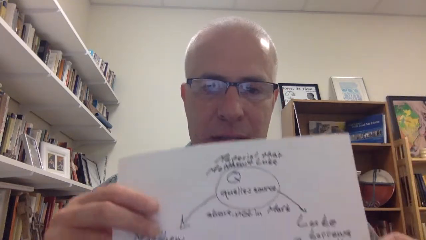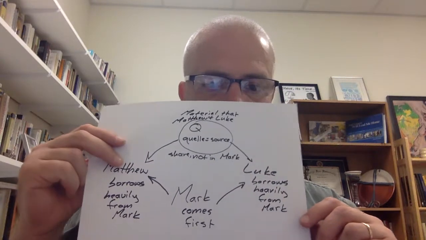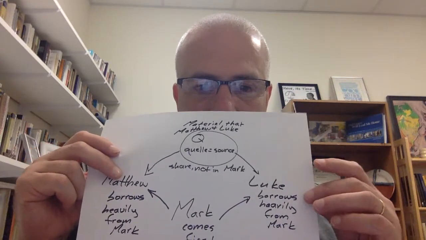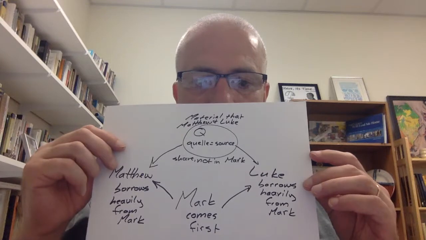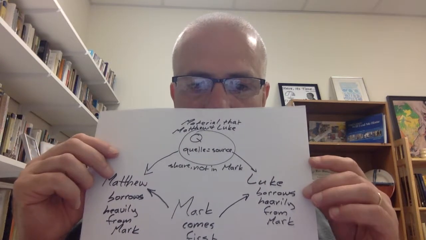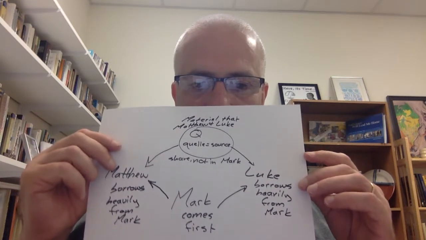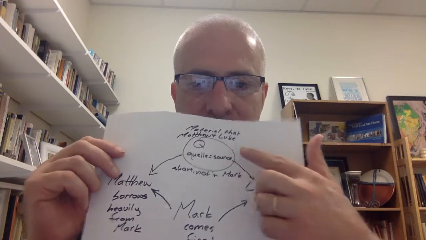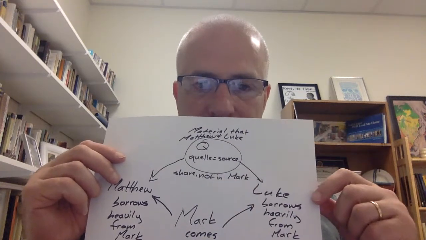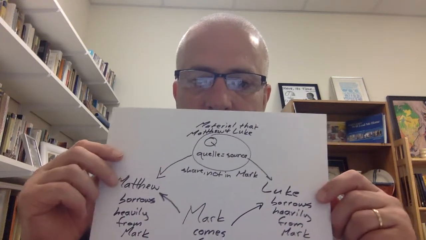So one of the things that I've done in this drawing, I've tried to make Matthew and Luke a little larger, kind of giving the sense that they are bigger books, longer books. Mark is shorter. And then I've drawn this circle with a Q in it. And there, in biblical scholarship, there's often this thing that is talked about, which is called the Q source.